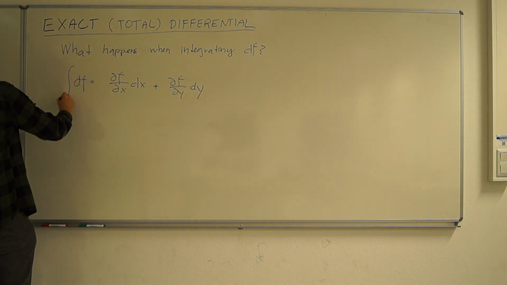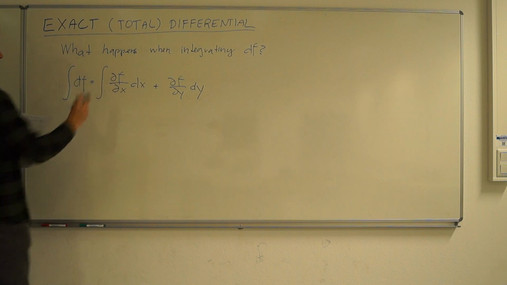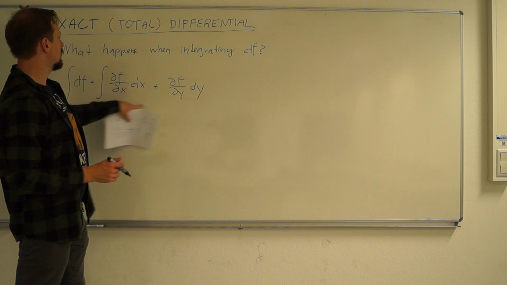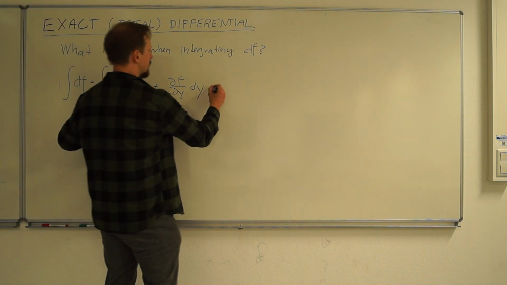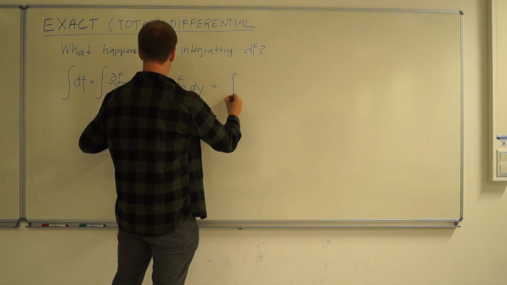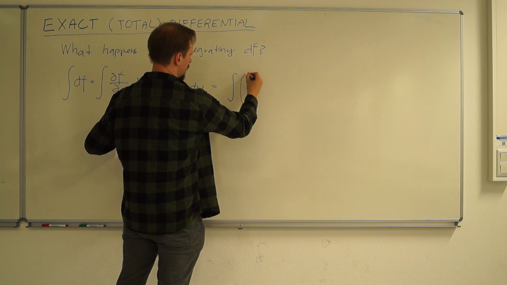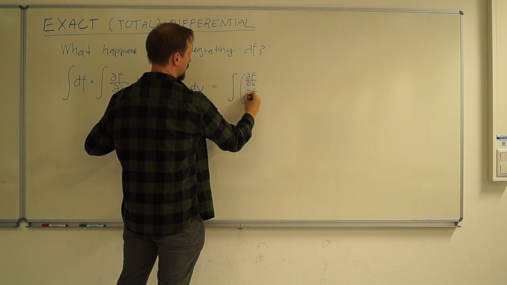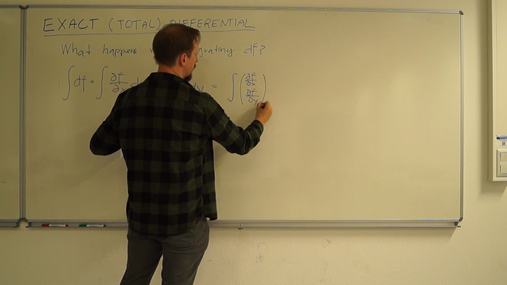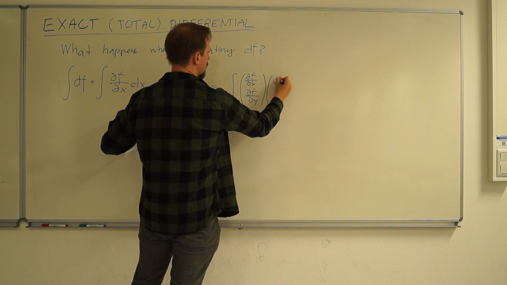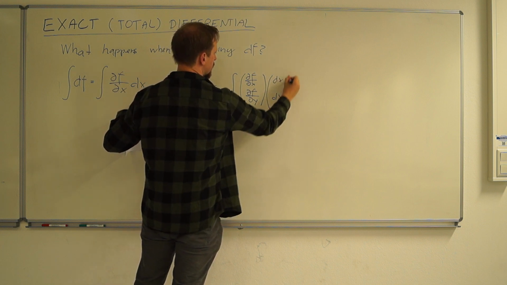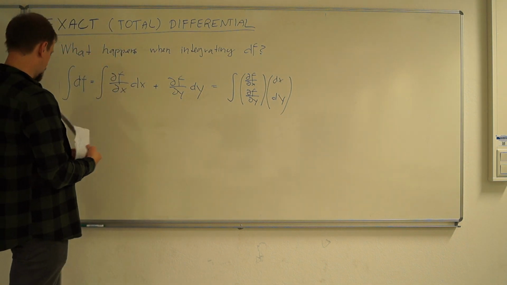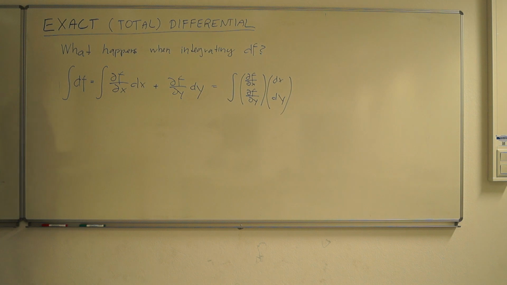And we put an integral symbol here, and notice that this expression can also be written in vector form. So it would be df over dx, df over dy, times dx, dy. This is a vector scalar product.